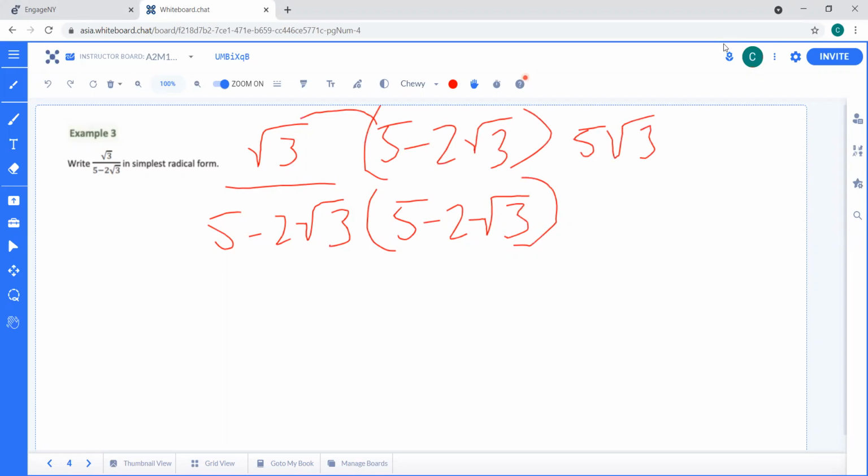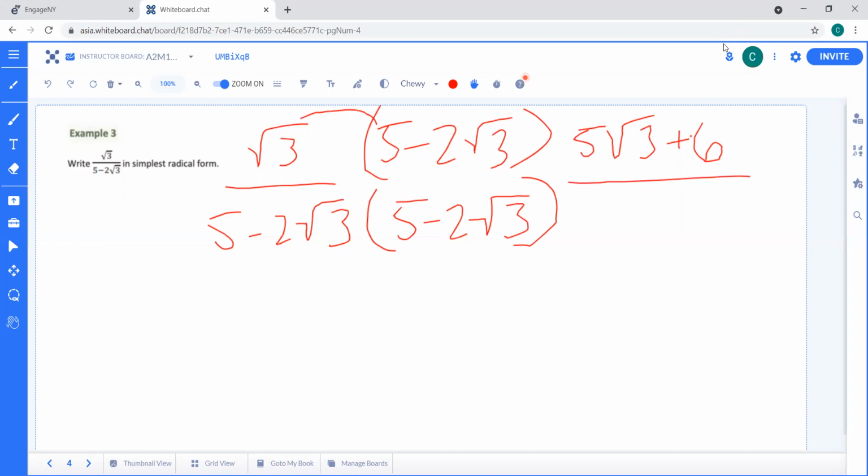Well, that's going to be 2 square roots of 3 times the square root of 3? That would be 2 times 3. So that would be plus 6. Okay, so that's the top.